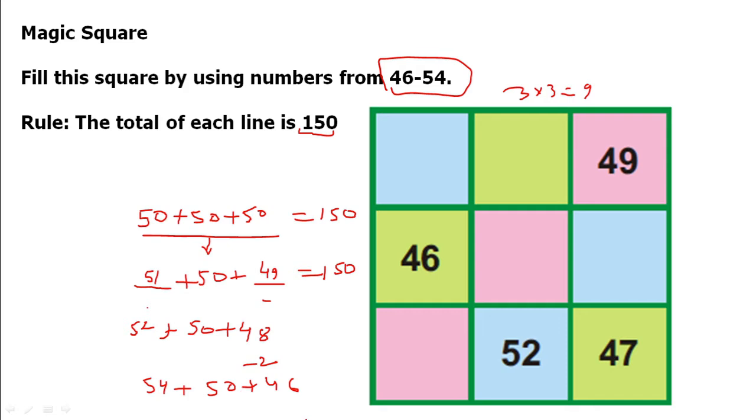So let us start with this box, because this line has already 2 entries. So it will become easy for us. This is 3 less than 50. This is 2 more than 50. So what is the difference? Minus 1.